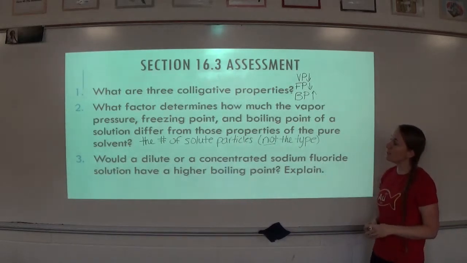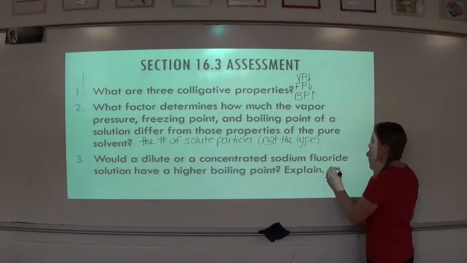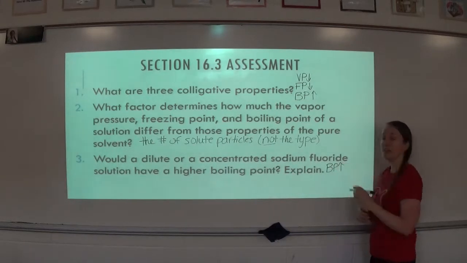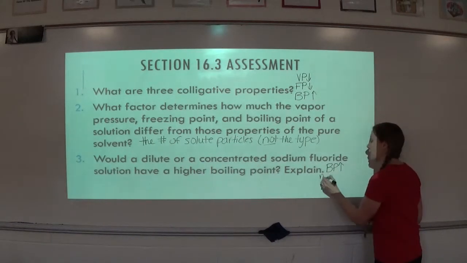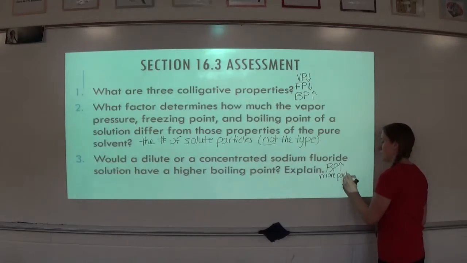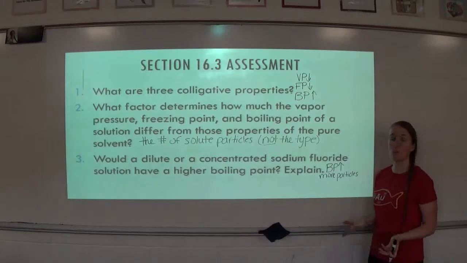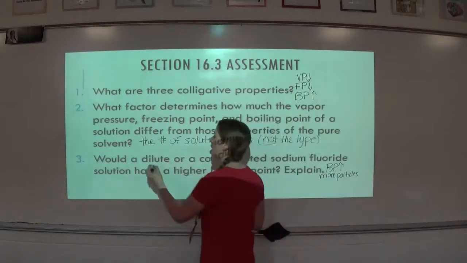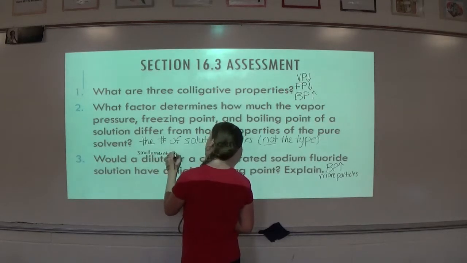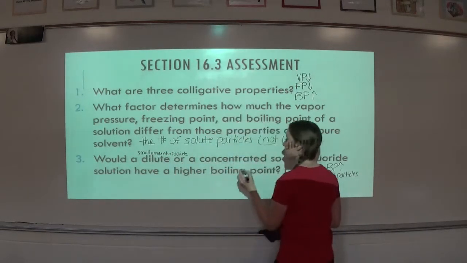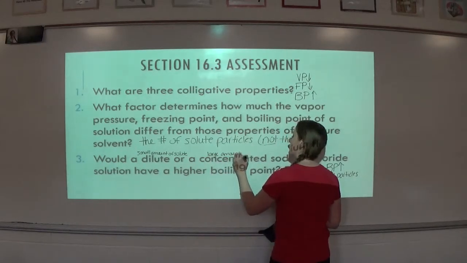And then it says, would a dilute or a concentrated sodium fluoride solution have a higher boiling point? Well, remember, boiling point elevation is our colligative property. So that means the boiling point is higher with more particles. So in other words, would a dilute or concentrated sodium fluoride solution have more particles? Well, dilute means a small amount of solute, and concentrated means a large amount of solute.